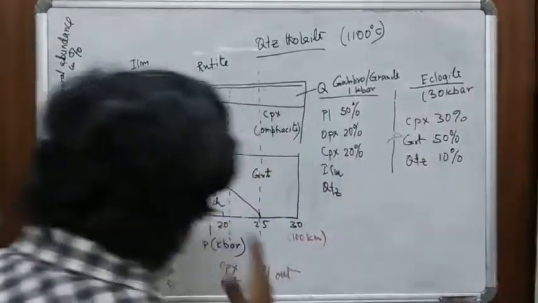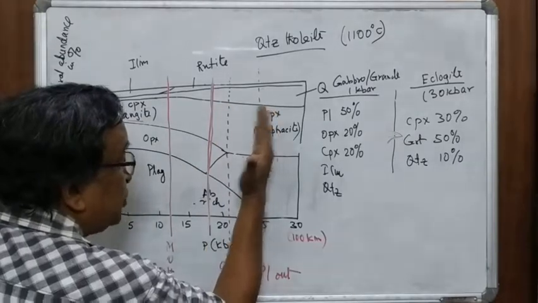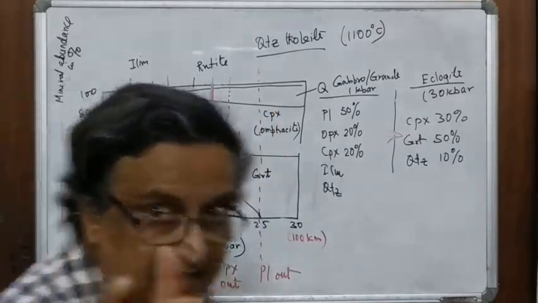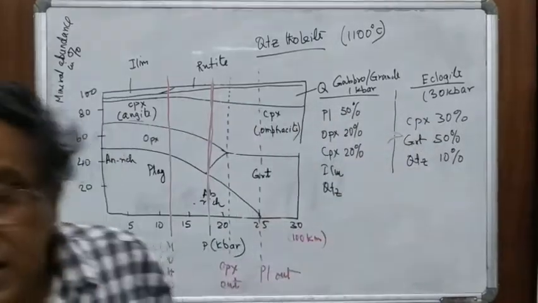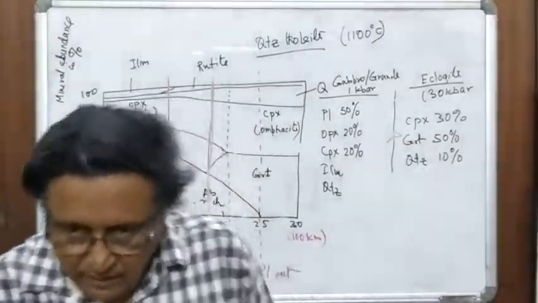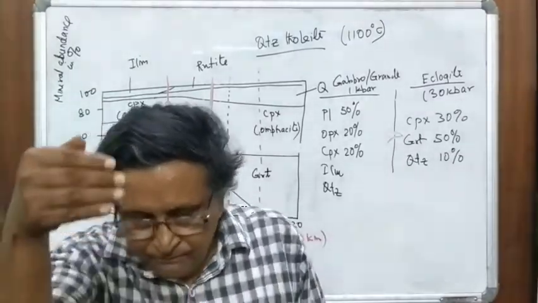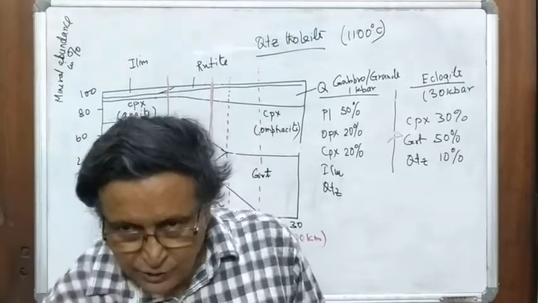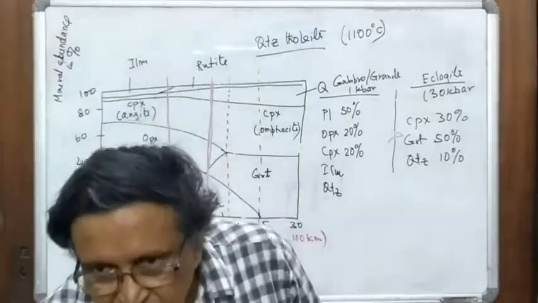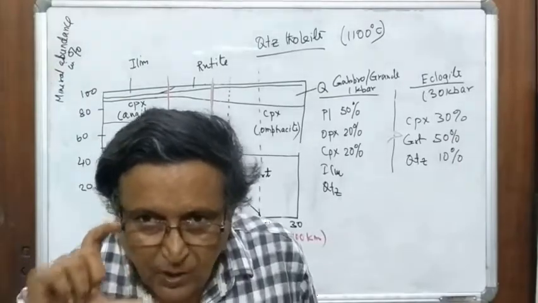So the transition from pyroxene plagioclase granulite assemblages to garnet bearing assemblages is about 5 kilobar pressure, meaning about 18 kilometers. So if you say that my Mohorovičić discontinuity is a transition from low pressure granulite to eclogite, then that discontinuity should be 18 kilometers wide.